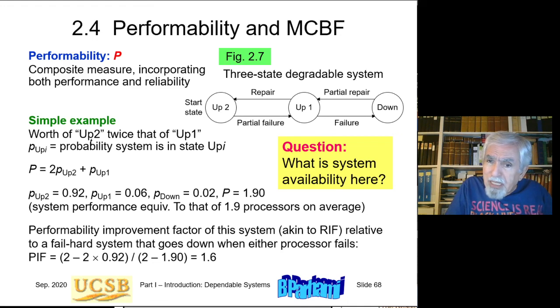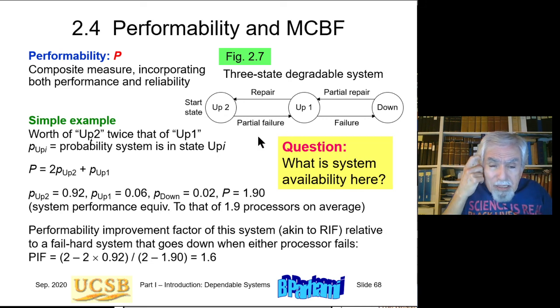And then sometime later, that 1 processor may also fail, and the system goes into the down state. Or we may get lucky before that second failure occurs, finish repairing that first processor that had failed, and go back to this state. So this system can go back and forth between these 2 and not fail for a long period of time, and eventually it will fail, but then we can still repair it.